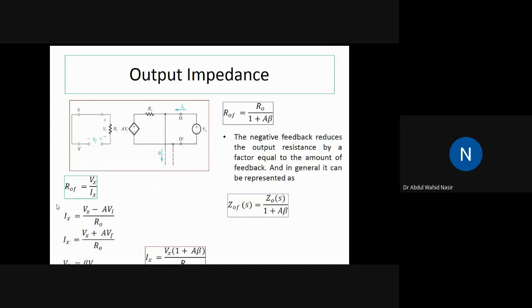So this is the value for Ix you get if you use the KVL equation in this loop. Okay, so Ix is equal to Vx minus A Vi.